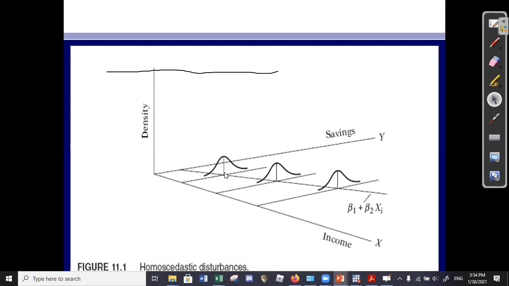Non-changing variance, it assumes that as income increases, the variations in savings remain constant. What we mean by that? That the variations or differences in savings at lower levels of income and at higher levels of income remain the same, right? If this is the situation, then we call it homoscedasticity.